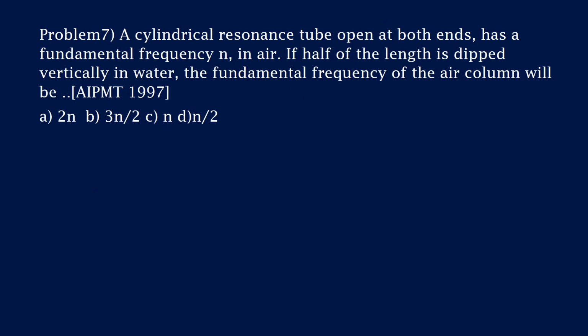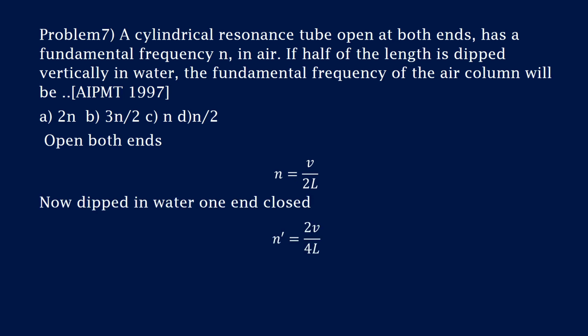Option B is correct. In this question, a cylindrical resonance tube open at both the ends has a fundamental frequency N in air if half of the length is dipped vertically in water. Asked to calculate fundamental frequency of the air column. The fundamental frequency for a pipe open at both the ends is given by N is equal to V upon 2L.